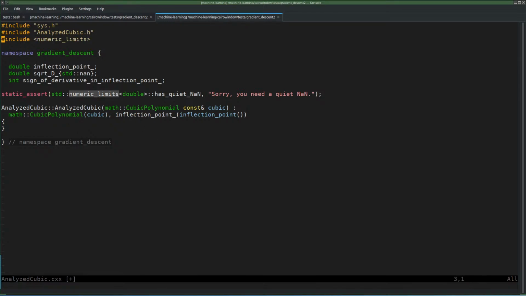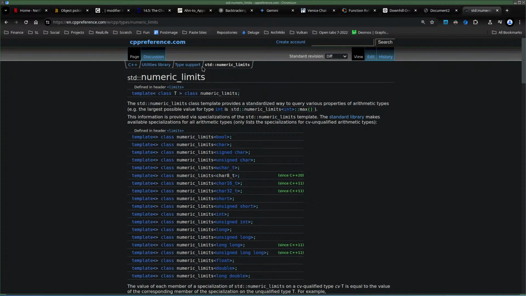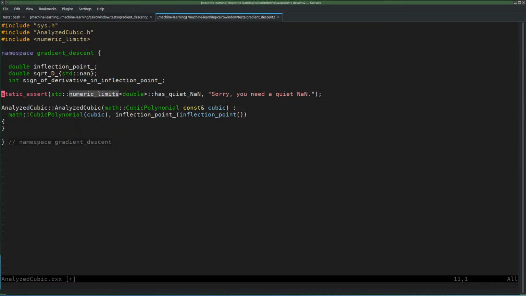Is that the error or was it just numeric limits? I think it was numeric limits, but we'll see in the compile error, or I can just click on it, I guess. It's limits, yeah, I had the feeling. This one's much shorter.